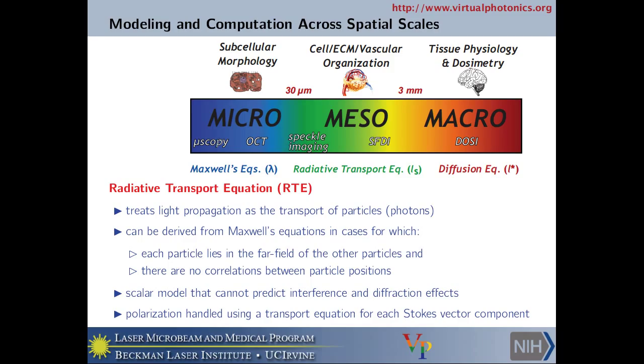There's a lot of work from many years ago looking at the transition from radiative transport to diffusion, and whether we can develop hybrid models stitching together a diffusion approximation at large depths within tissue with, say, a Monte Carlo simulation close to boundaries. People have done that, and that stitching is actually a little more defensible, because you can rigorously derive the diffusion approximation in the limit of the RTE. That same transition from Maxwell's to the RTE is not as rigorous.